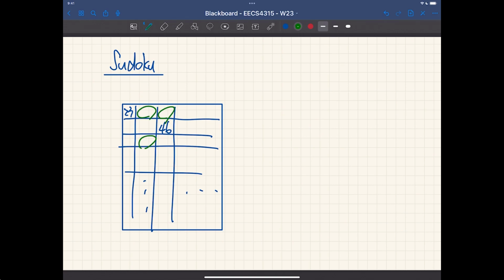The idea would be to fill out the numbers such that the sum on each row and the sum on each column will be the same. That's a Sudoku. Now, can you imagine, given a Sudoku game, how it is possible to use a model checker to find you a solution?